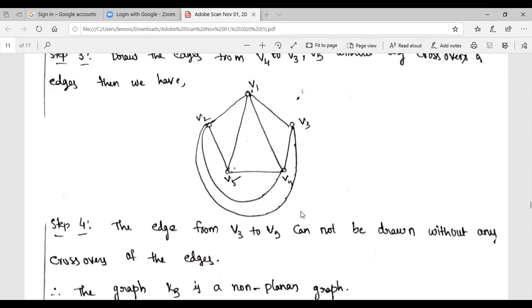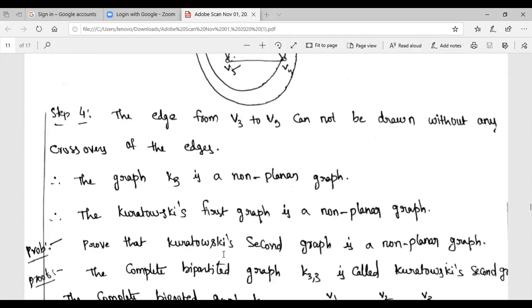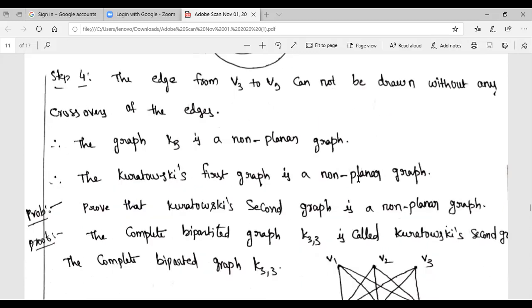So it is not possible to draw the edge V3 to V5 without any crossover. So the given graph is a non-planar graph. This graph is called Kuratowski's first graph or the complete graph of 5 vertices, that is K5. Okay. So Kuratowski's first graph is a non-planar graph.